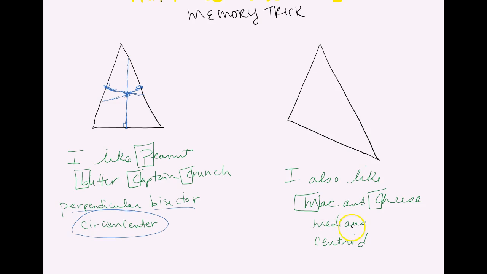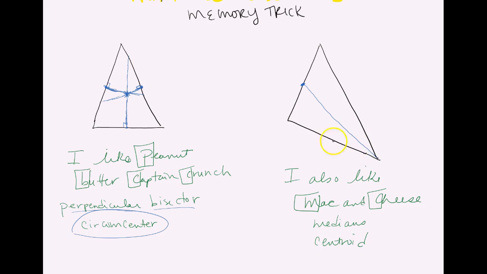I'm going to start by drawing the median of each side of the triangle, okay? Now a median is going to be wherever you hit the middle of the segment again. But what's different is, instead of making it be 90 degrees like we did over here, now I just have to start here and shoot over to the opposite vertex. So about right there. So find the middle first.